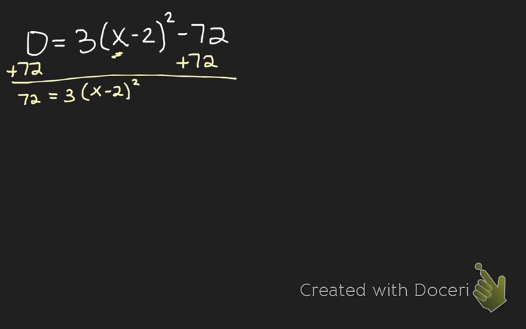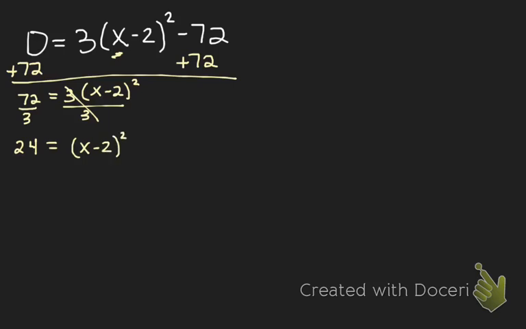We need to get rid of that 3 out in front. Since it's being multiplied onto that quantity x minus 2 squared, we need to divide to be able to undo what's happening. 72 divided by 3 is going to give us 24. Our 3's cancel out, and we're just left with x minus 2 squared.